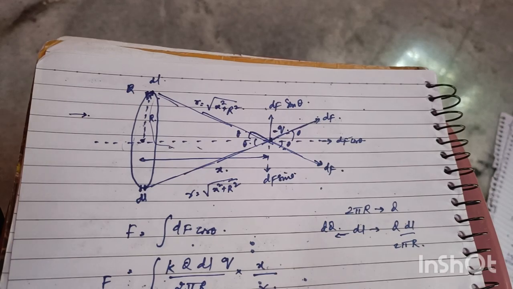This is Shiva. In the previous one, we saw the force acting between a thin wire and a point charge, which are separated by a certain distance.